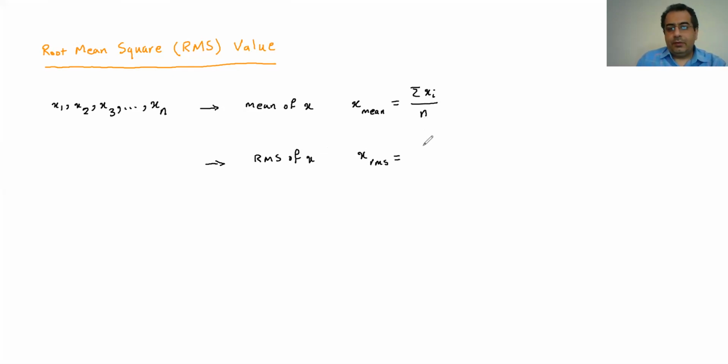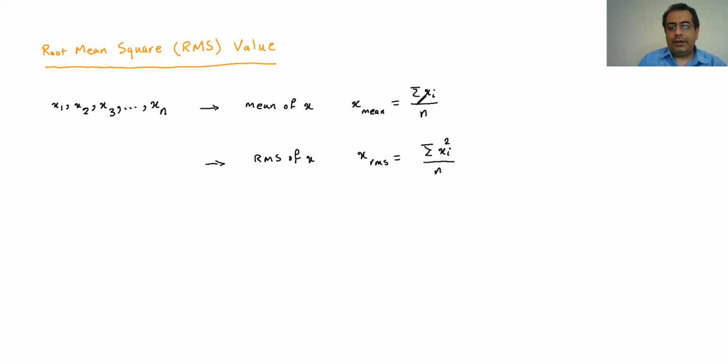This time we add all the squares of them instead, and then divide by n.